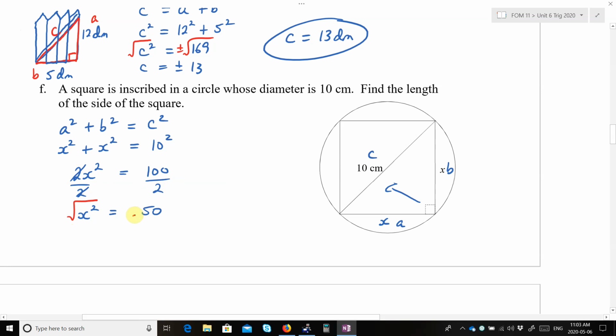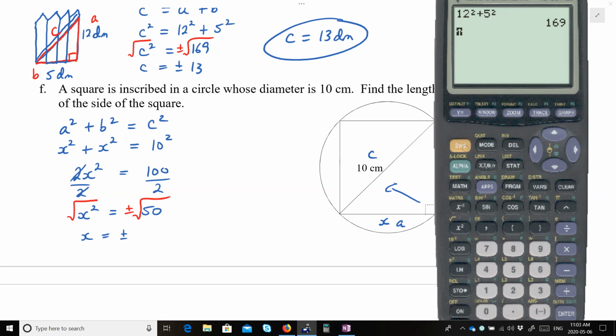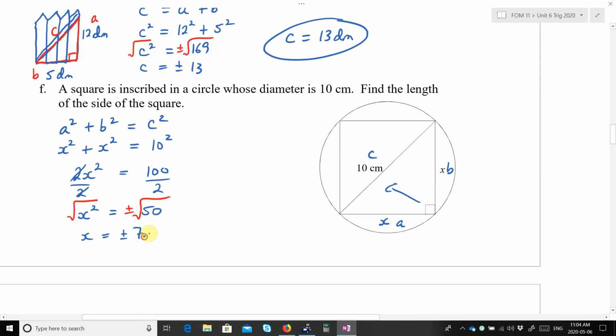We go square root, x can be the plus or minus of that. X is equal to plus or minus the square root of 50, which is 7.1 to 1 decimal place. And so I would say, therefore, x is equal to 7.1 centimeters.